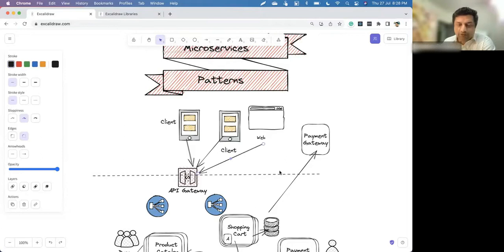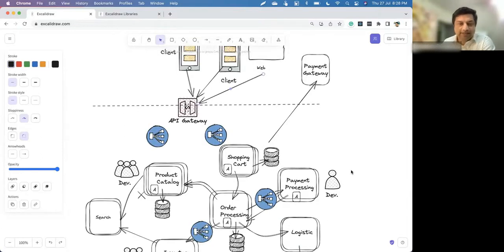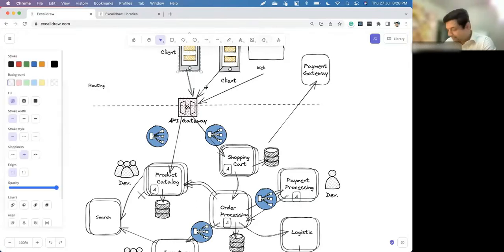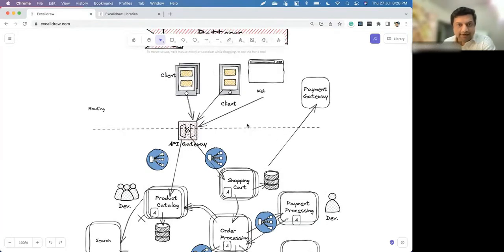With the API gateway, it can take care of various aspects. It can make calls to different services, so it does the routing. And there are multiple clients, so it is also doing load balancing.